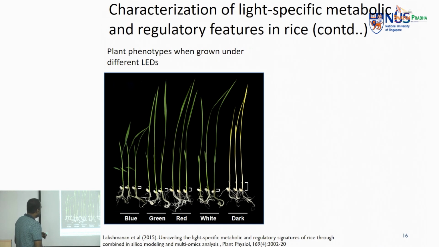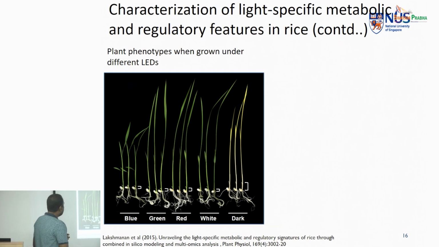But then interestingly, we know that blue and red could be very favorable for plants, right? But plants grown in blue were actually stunted. They were not able to grow taller. Whereas plants grown in red did not show much difference from white, which resembles natural sunlight. Green also had a distinct phenotype, but the shoot sizes were changing.